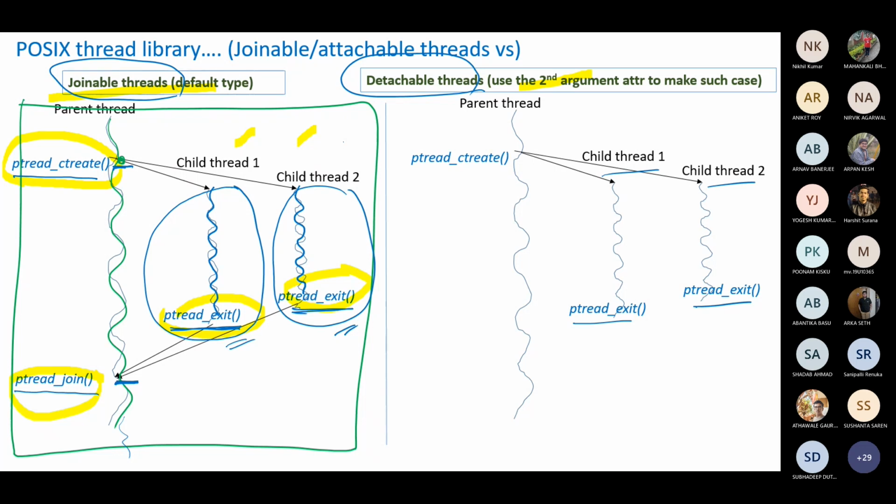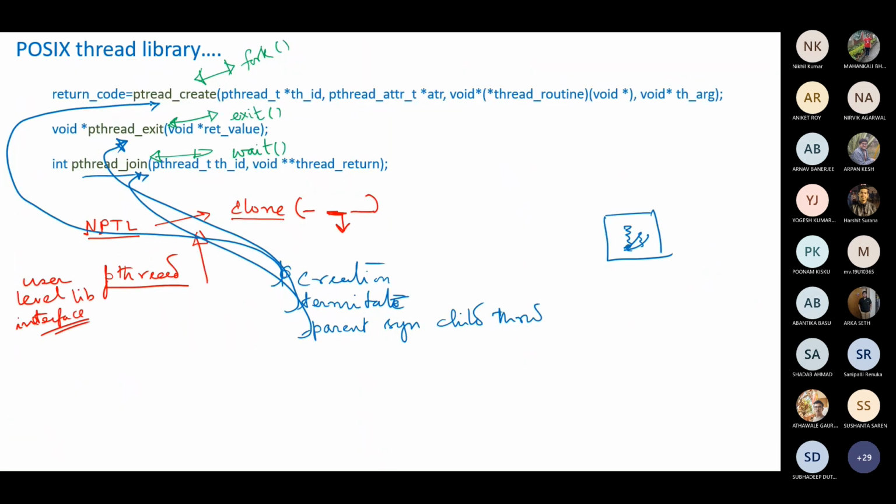Okay. So if you are willing to create a thread using pthread_create, you have the option to specify whether the child thread that I'm creating will be a joinable thread or a detachable thread.